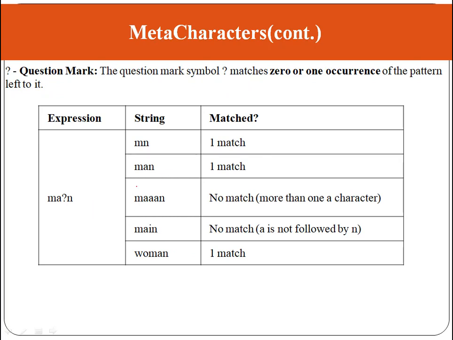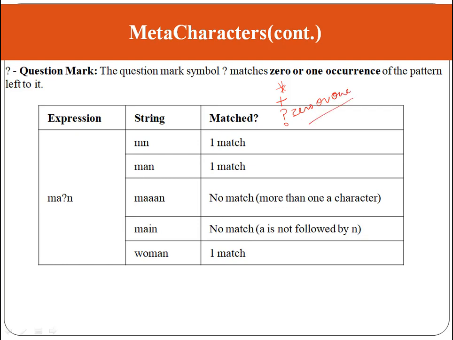Then the question mark. The question mark symbol matches 0 or 1 occurrence of the pattern left to it, right? So we have seen asterisk 0 or more, plus 1 or more, question mark 0 or 1. You can have a look at the difference.